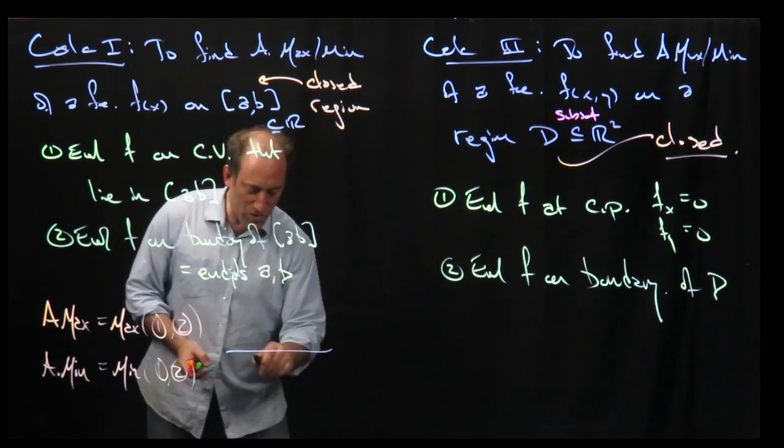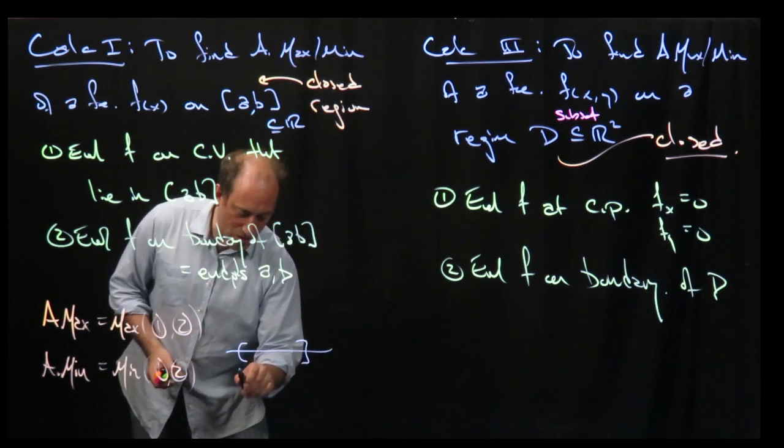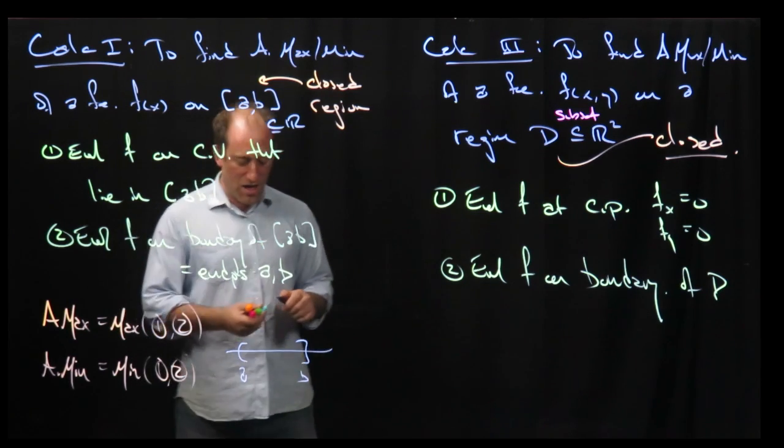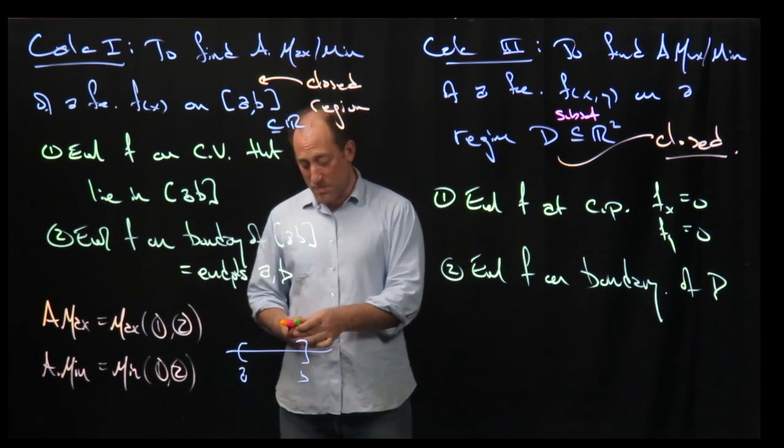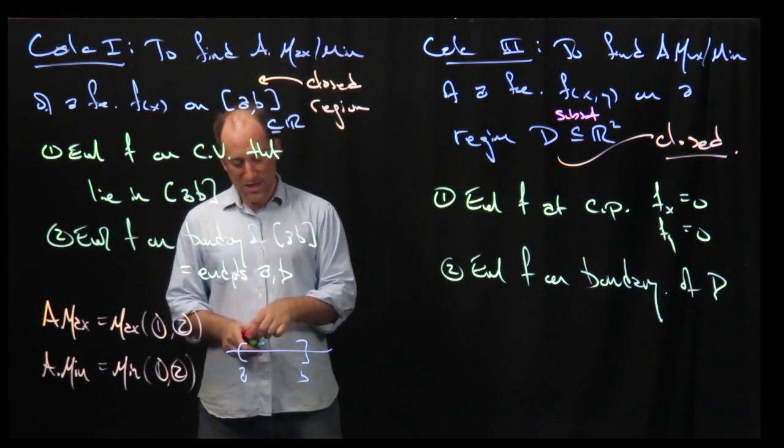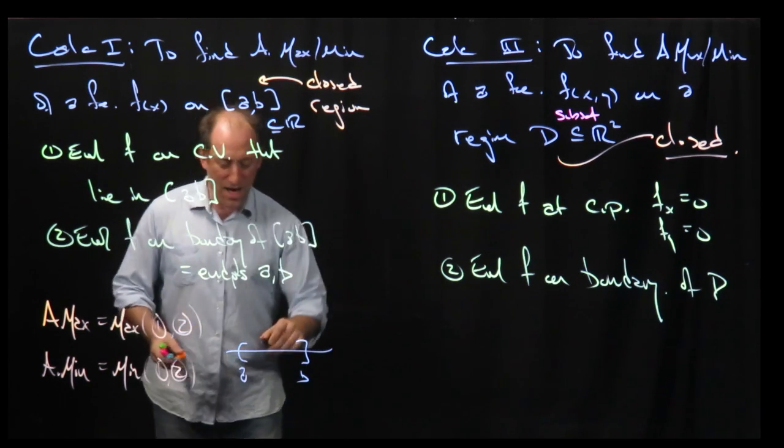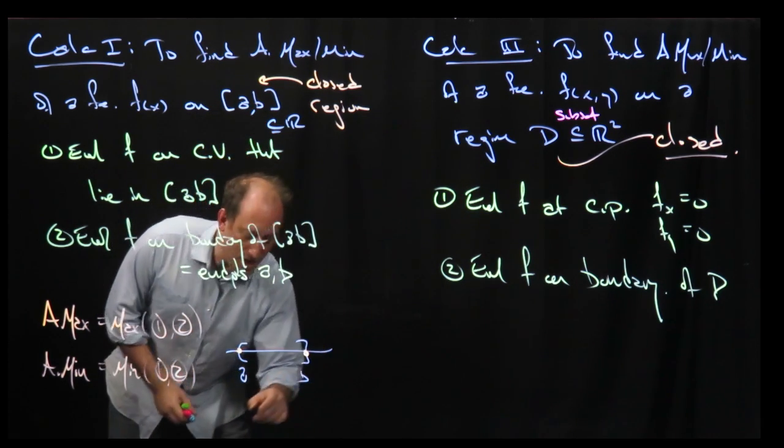So if here's your real number line and here's your interval AB, then the boundary is simply the endpoints A and B.